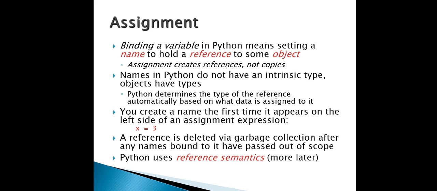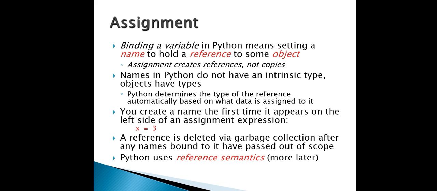Assignment. Binding a variable in Python means setting a name to hold a reference to some object. Assignment creates references, not copies. Names in Python do not have an intrinsic type. Objects have types.